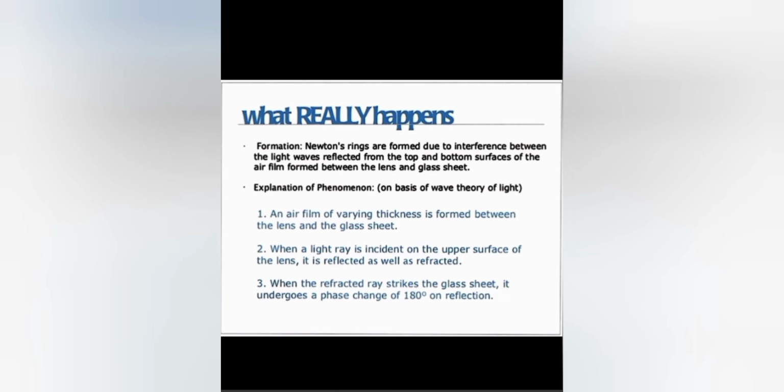An air film of varying thickness is found between the lens and the glass sheet. Number 2. When a light ray is incident on the upper surface of the lens, it is reflected as well as refracted. Number 3. When the reflected ray strikes the glass sheet, it undergoes a phase change of 180 degrees on reflection.